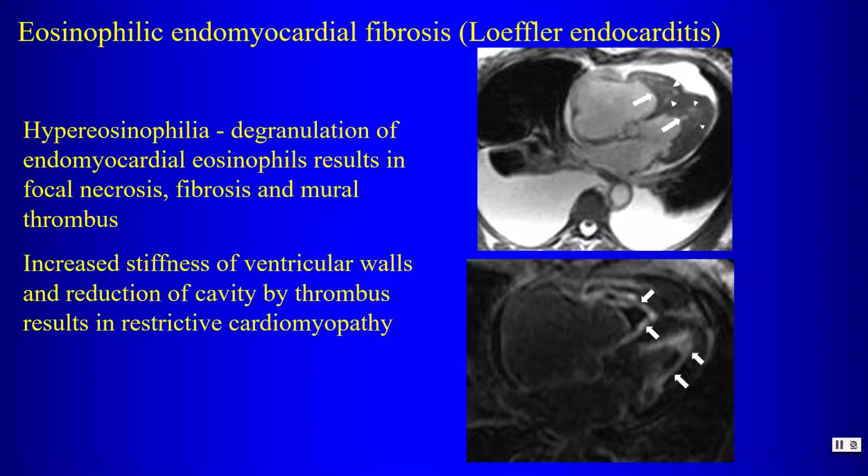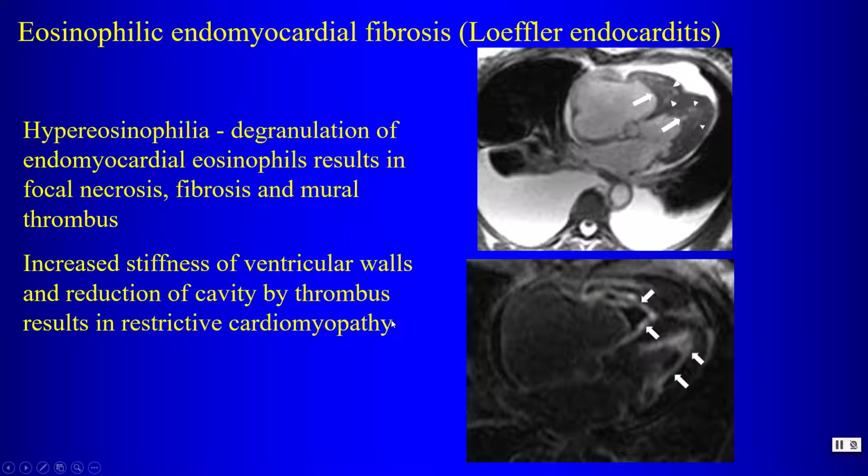So here the eosinophils, by releasing their contents, can damage the lining of the heart. So this results in endocardial fibrosis manifested by this enhancement here, this subendocardial enhancement. So this is the fibrotic regions that are enhancing, and these patients can also develop mural thrombi, clots here within the heart.